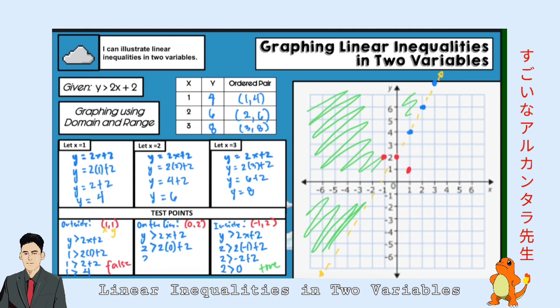So this will be 2 times 0 is 0, plus 2, so 2 greater than 2. This is false. 2 is not greater than 2. 2 is equal to 2. So as you can notice, what we can summarize here in particular is that since this is broken, the points, sorry, I'll use a different color.